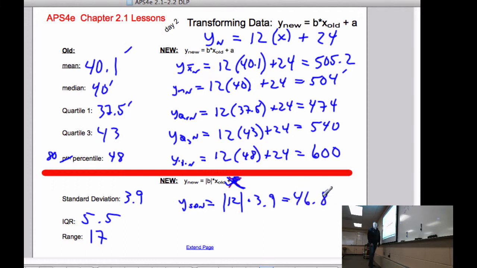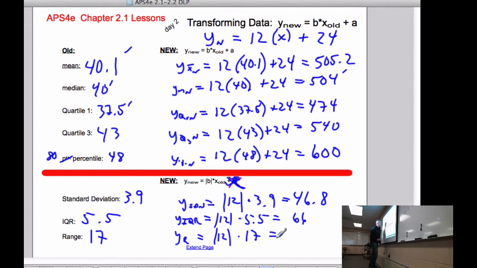Okay, there's our new standard deviation. How about our new IQR? Absolute value of our slope, which is just positive in this case, times 5.5. 66. You guys are good. I love it. And our range is just the absolute value of 12, or just write 12 times, what was our range? 17. Which is 204 inches.